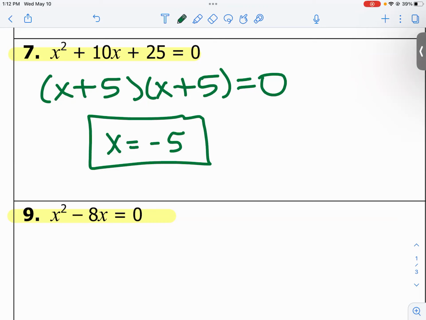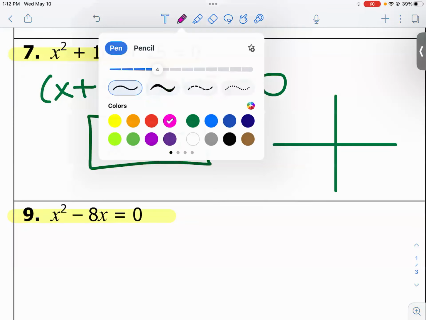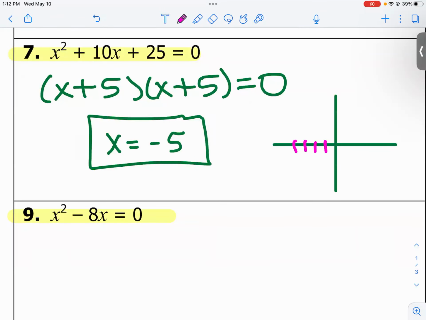This is a parabola. x squared plus 10x plus 25 is a parabola. Intersection where? At the same place. Number 5. One solution. Yeah. So the vertex is at negative 5. Since both intercepts are at the same place, that means that's where the vertex is. Okay?